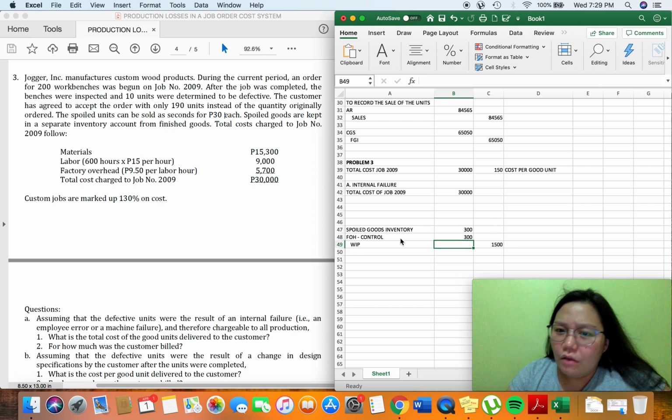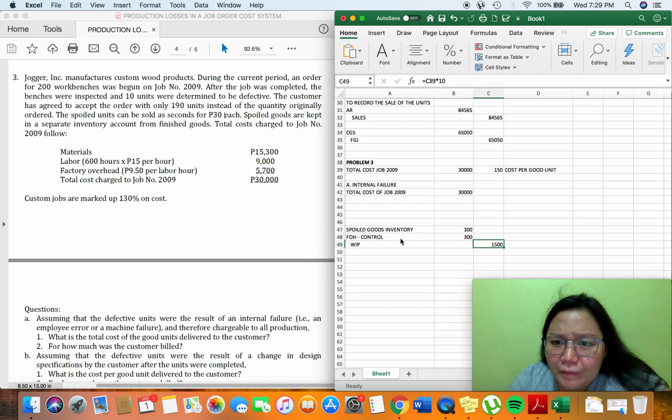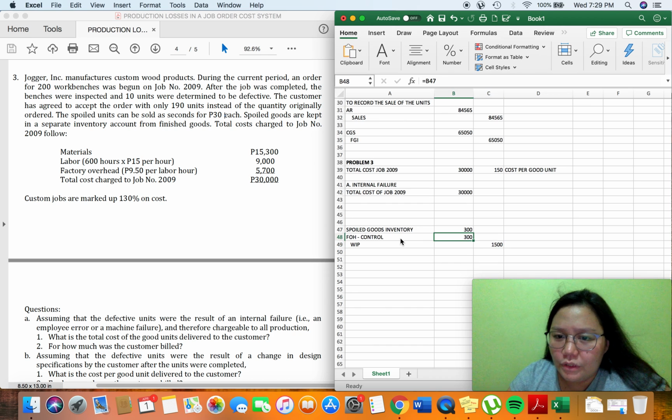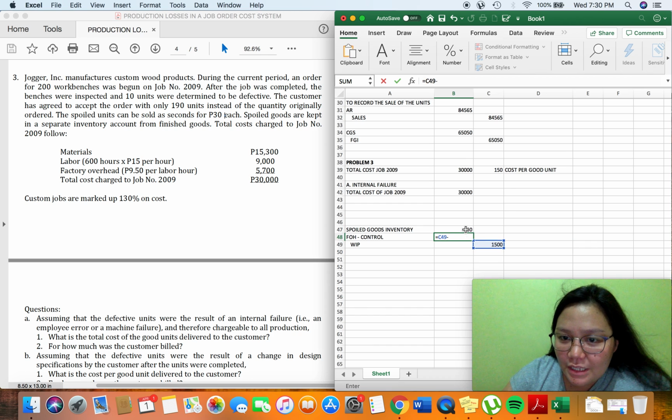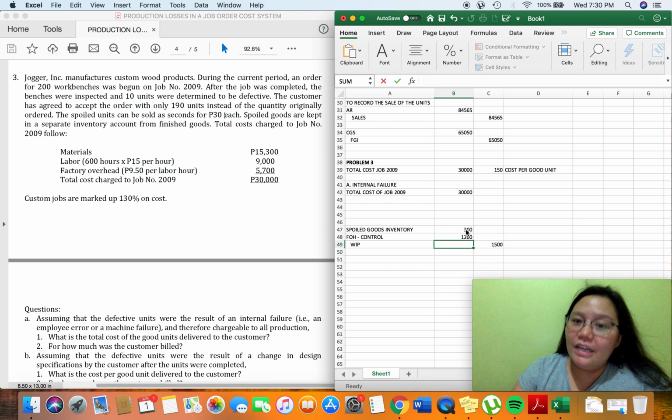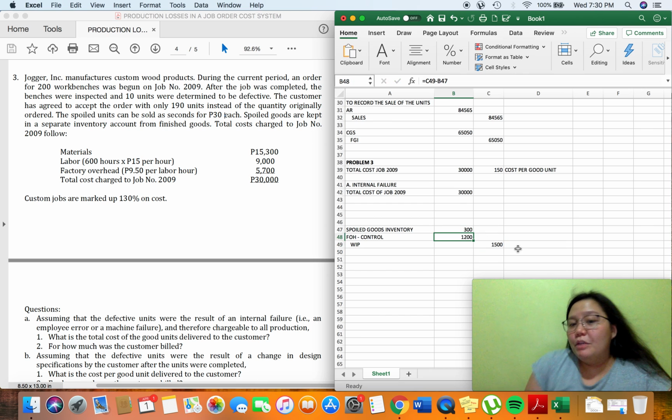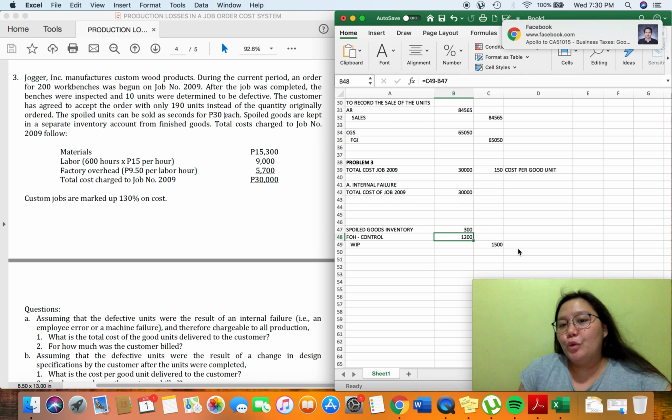So, the difference between the total cost of the spoiled units and the net realizable value of the spoiled units will be charged to factory overhead control as actual overhead.